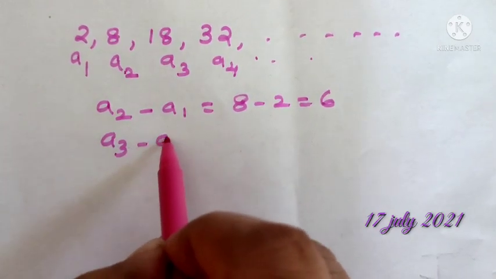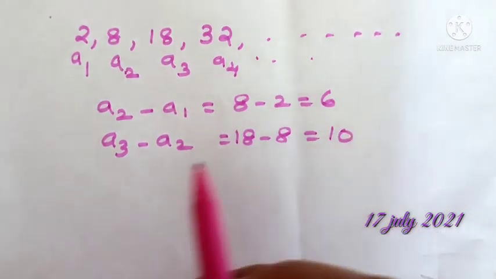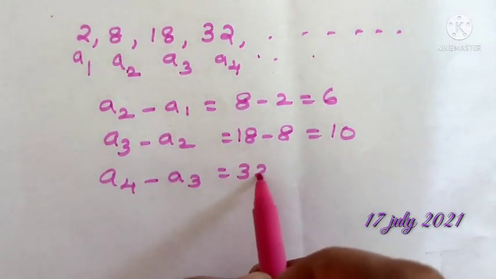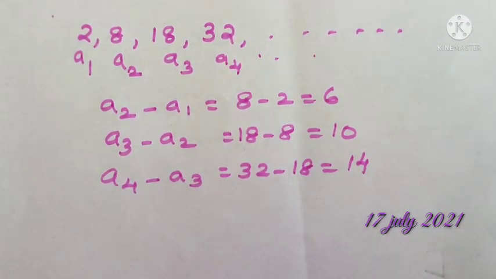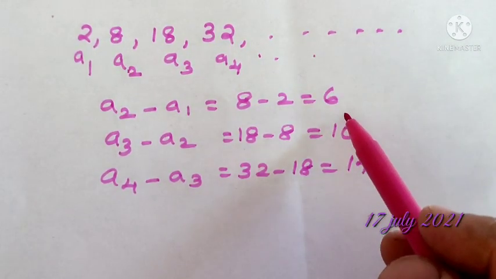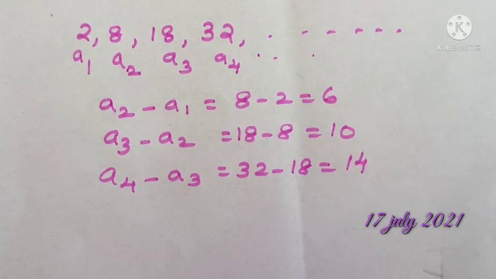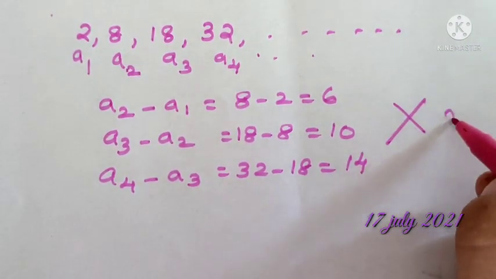A3 minus A2 is 18 minus 8 equals 10. A4 minus A3 equals 32 minus 18, so 14. You see that in all the cases the difference between two consecutive terms is not the same. So what is the conclusion? It is not an AP.